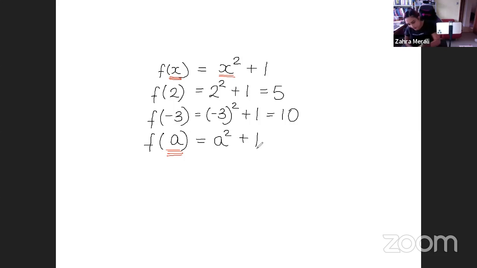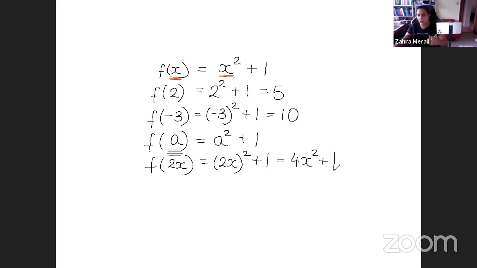Now what if I had f of 2x? Wherever there is an x, instead of the x, I'm writing 2x, so 2x squared plus 1. That would give me 4x squared plus 1. So that's all a function is. It's just inputting whatever you have as the x.